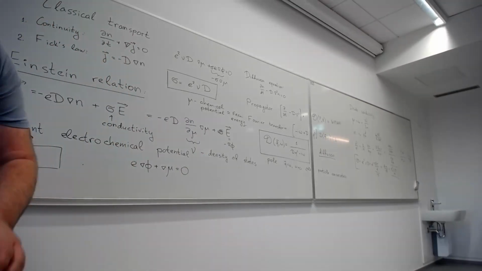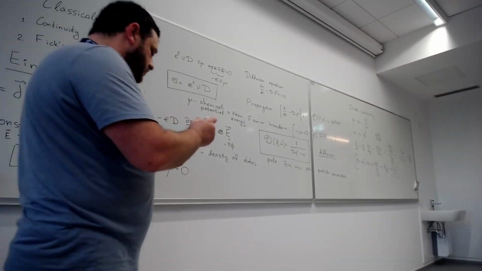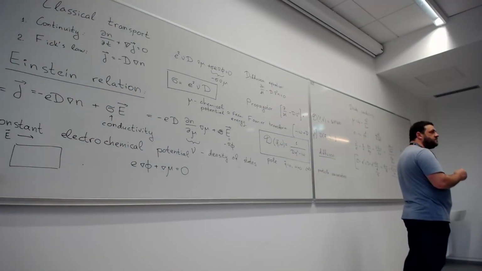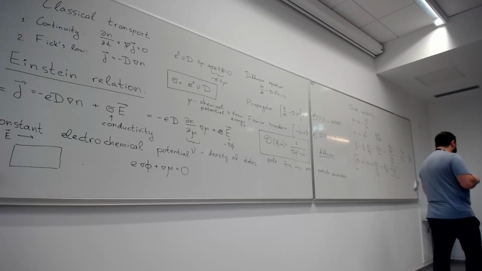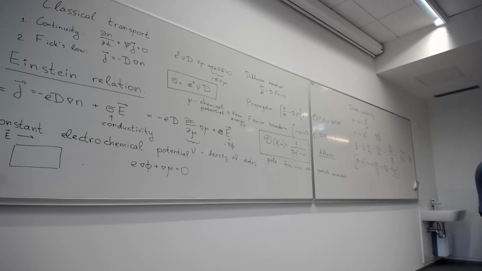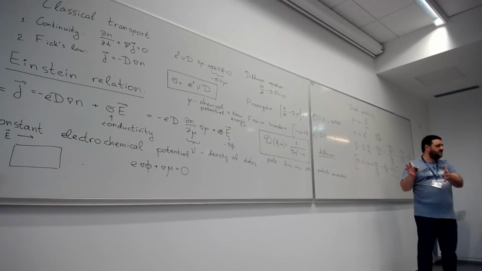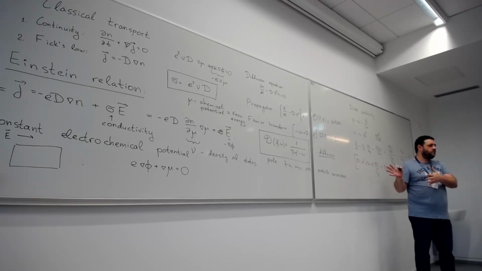Okay, so if there are no further questions, I will use the remaining 25 minutes and tell you something about quantum transport. This was classical. And the first thing to understand about quantum transport is how we can rederive all the same results we have here from quantum mechanics.